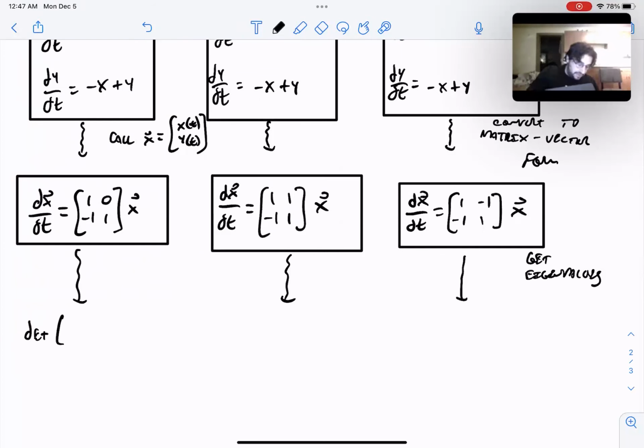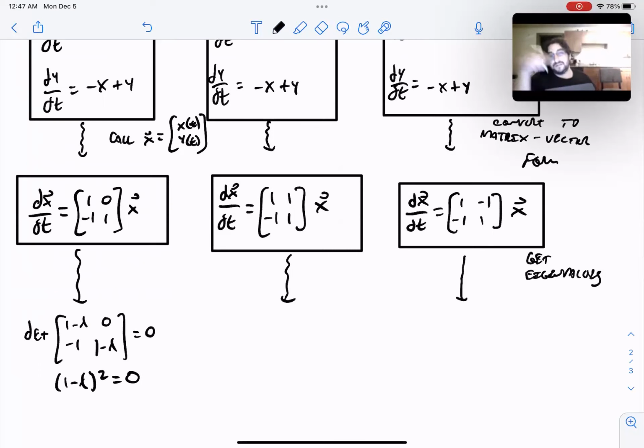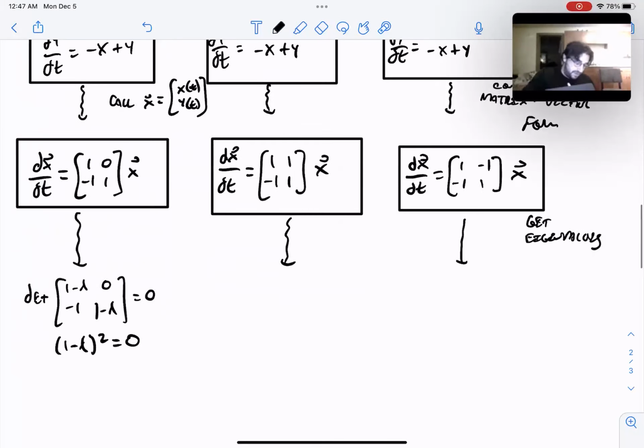Here, I have the determinant of [1 minus lambda, 0; -1, 1 minus lambda]. Setting this equal to 0, I just get (1 minus lambda) squared equals 0, because I subtract 0 times minus 1, which is 0. So this gives me a repeated eigenvalue, lambda equals 1 with multiplicity 2.